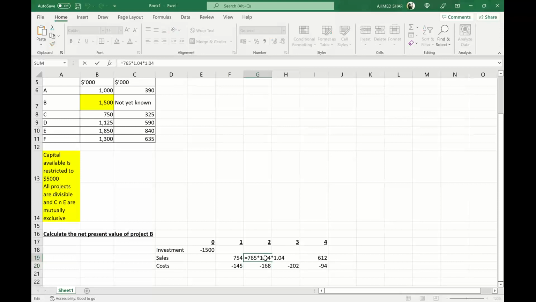765, obviously 4% per year. So you need to apply inflation 2 times because it's year 2. In year 1, we applied it 1 time. In year 2, 4% per year 2 times.